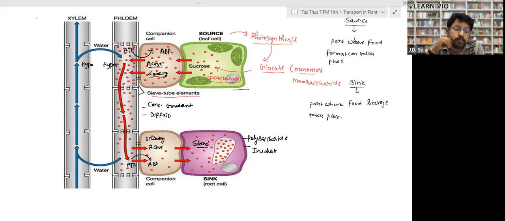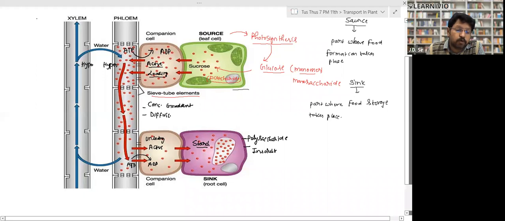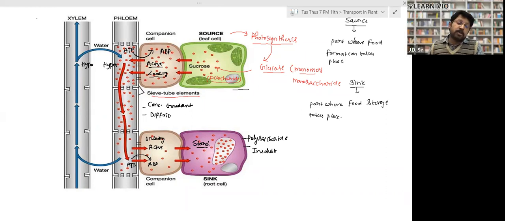So through osmosis, food is transported in the form of sucrose from the source or leaf cells or mesophyll cells to the companion cell. Now the companion cell collects a lot of food. The companion cell transfers this food to nearby sieve tubes, right? Whenever the food is transferred from companion cell to sieve tube, this is the active process, that is, expenditure of energy takes place.